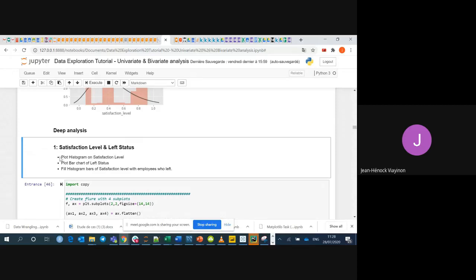That's what we want to see. First, we look at the distribution of the satisfaction level and the distribution of the left status, and then project the left status onto the satisfaction level to see those who left the company.